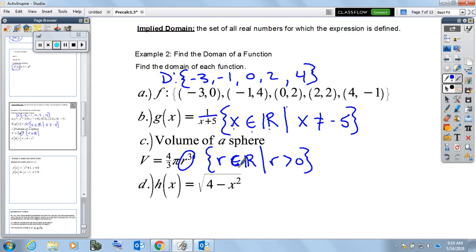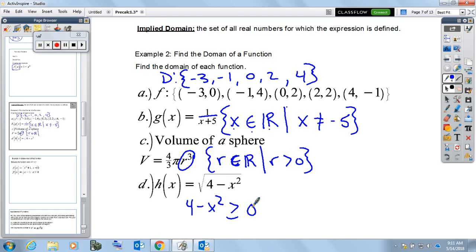And then for our last one here, well, let's take a look at the inside of the square root. And so what do we know about those roots? All right? Well, we know that those roots cannot be negative. So we have to figure out what values are going to keep it greater than or equal to 0.